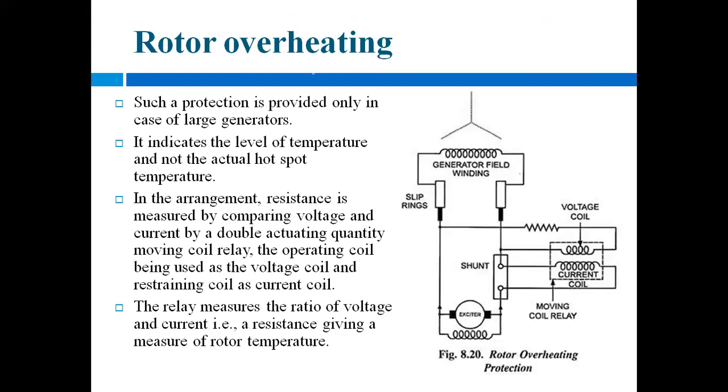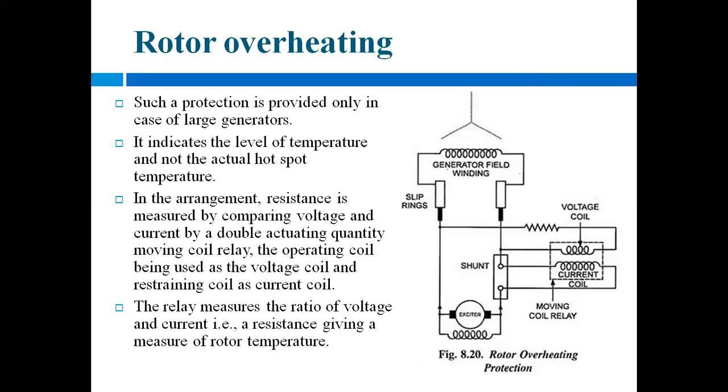Then the next point we saw is rotor overheating. This rotor overheating happens in the case of large generators, and such protection is provided for large generators, where the temperature is increased. When the temperature increases in the rotor, we use a relay and measure that temperature by considering the resistance.